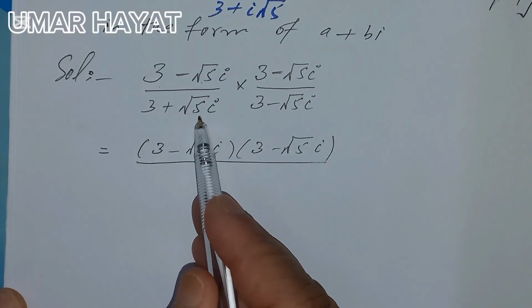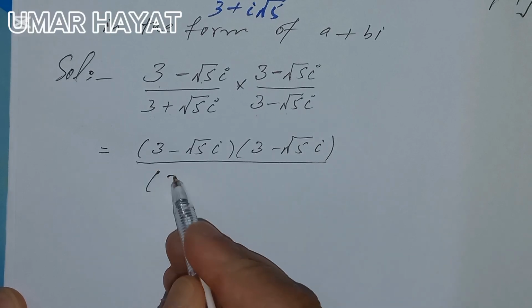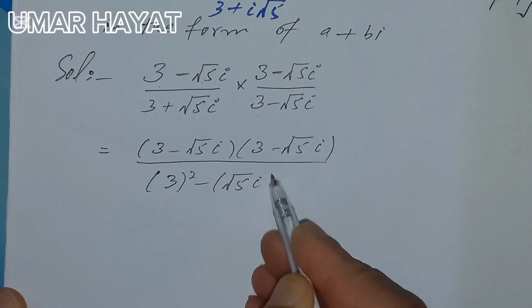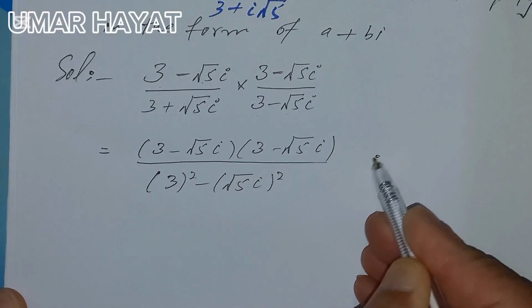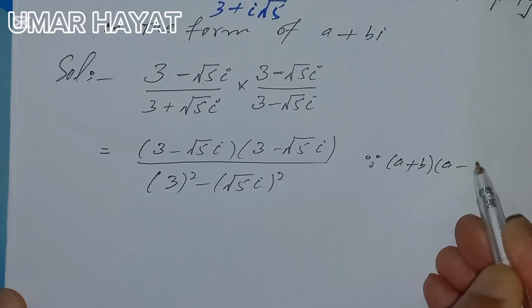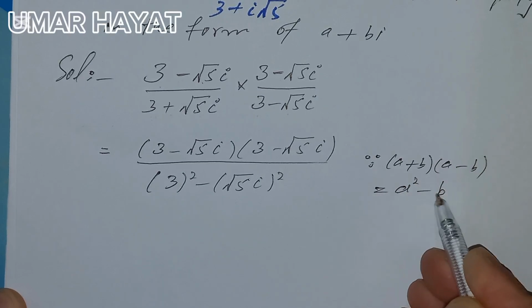First term plus second term, first term minus second term, is equal to first term square minus second term square. This is the algebraic identity.